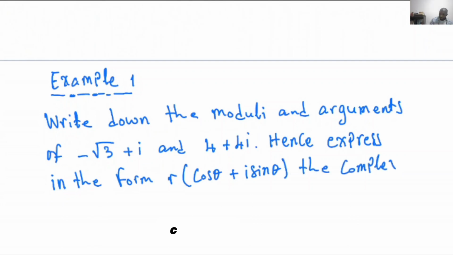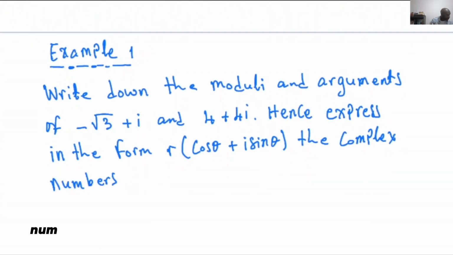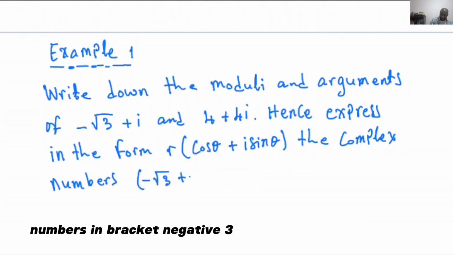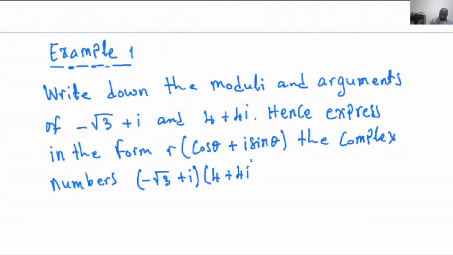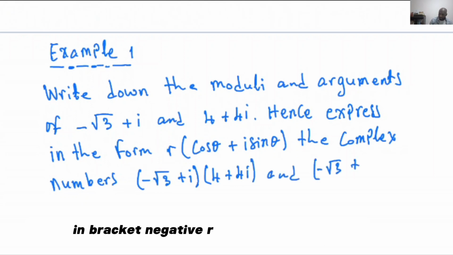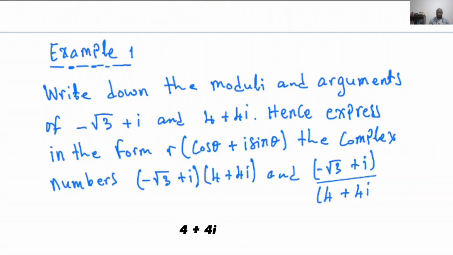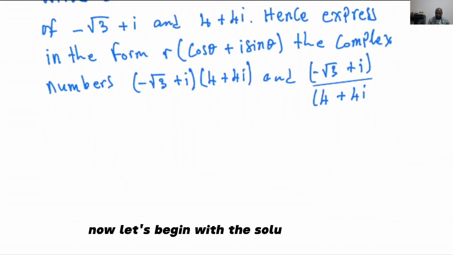The complex numbers in bracket negative root 3 plus i all into 4 plus 4i, and in bracket negative root 3 plus i all over 4 plus 4i. So that is example number 1. Now let's begin with the solution.